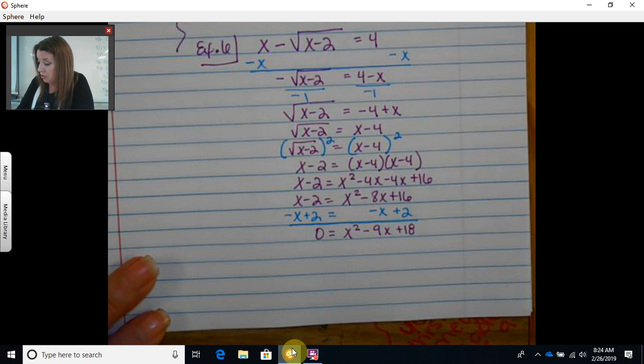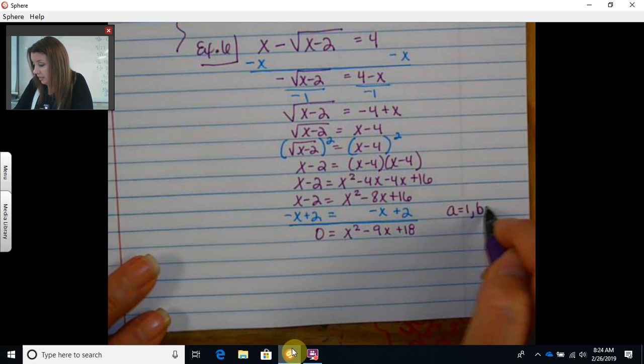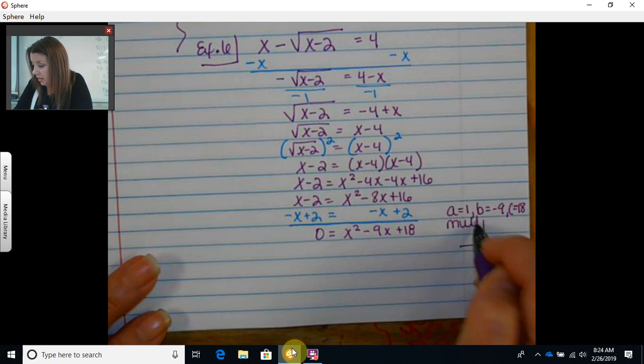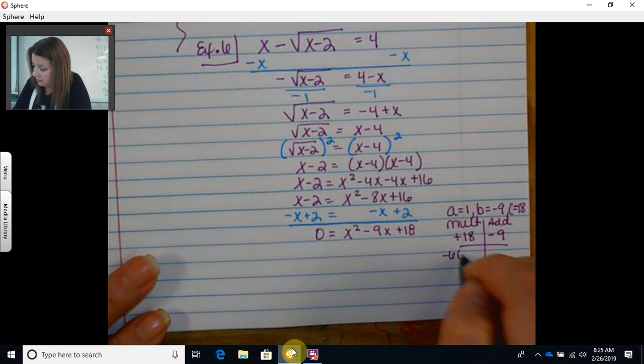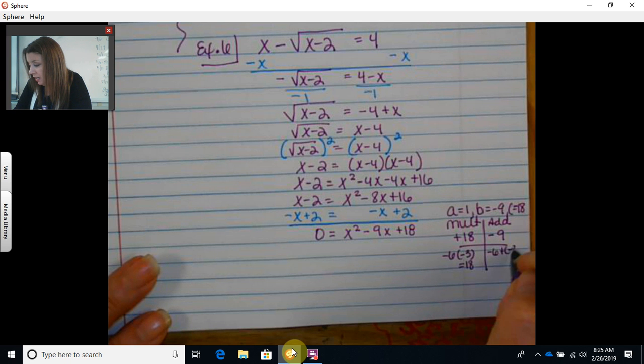So to factor this, we know A is 1, B is negative 9, C is 18. So we need two numbers that multiply together to give you AC, which is positive 18, and then add together to give you B, which is negative 9. Negative 6 times negative 3 is positive 18, and negative 6 plus negative 3 is negative 9.